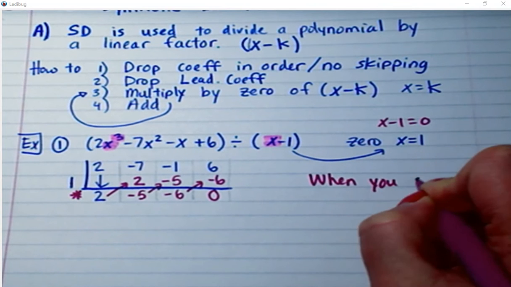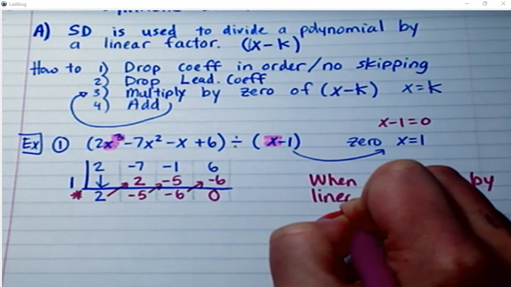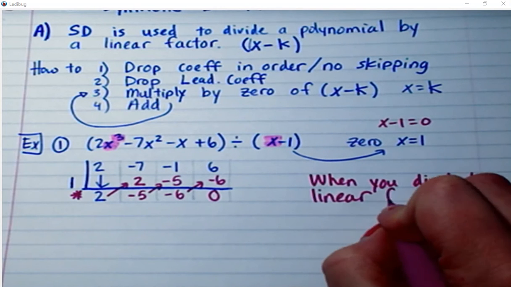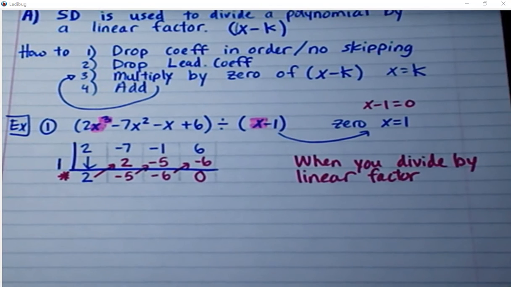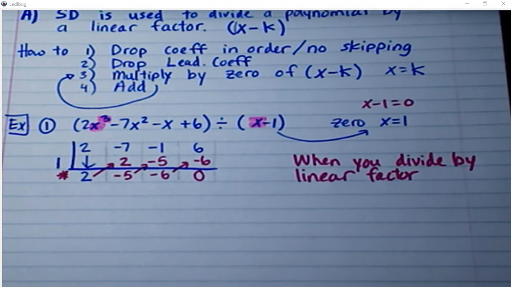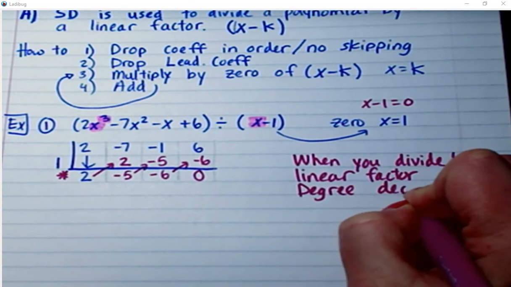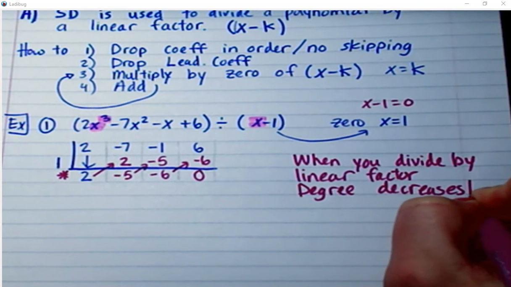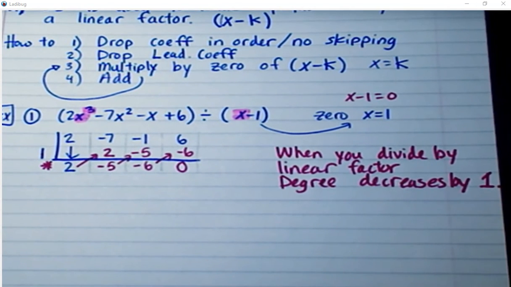When you divide by a linear factor, which is exactly what synthetic division does, the degree decreases by 1 because you subtract exponents when you divide. So I have to subtract by 1. The degree decreases by 1.